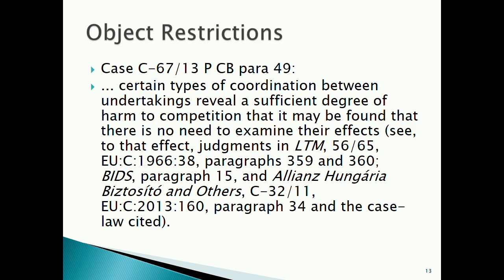Bid rigging, yes. All of those, and anything else? Collective boycott. Collective boycotts can be, without a particular reason. A group of competitors agree to exclude one competitor to join their agreement. Yes, unless there's a reason. That would probably be, yeah. Anything else?